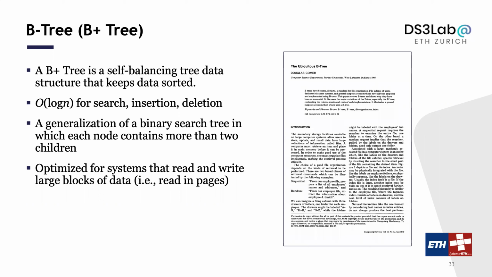We are optimizing for a system that reads and writes large blocks of data. If you think about a hard drive, whenever I'm reading, I'm reading a block, a page. I do not have a finer granularity than a page. So I need to redesign my binary search tree to be more friendly to this type of IO access pattern.